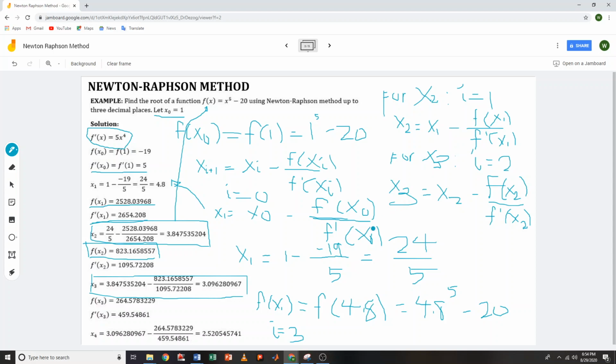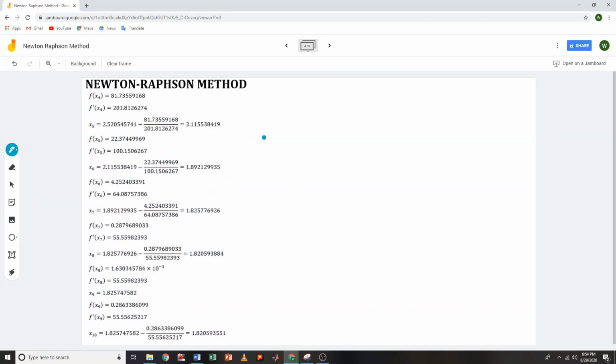You can write a table, for example, with i and x_i. So for example, for 0, what is x0, and then x_{i+1}.